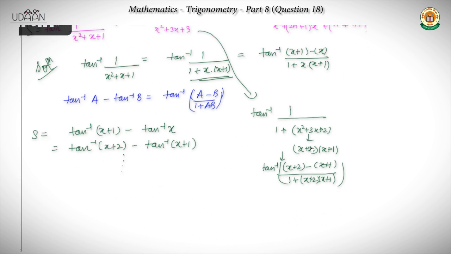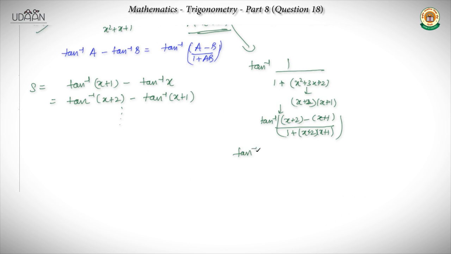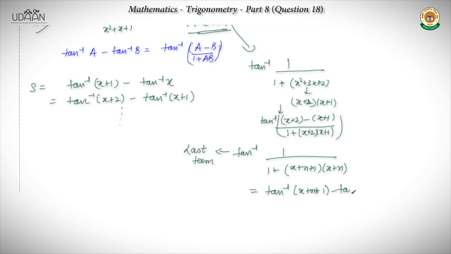For the last term, tan inverse can be written as tan inverse of 1 upon 1 plus (x plus n plus 1) into (x plus n). This is the last term, which can be written as tan inverse of (x plus n plus 1 minus x plus n) upon 1 plus (x plus n plus 1) into (x plus n).